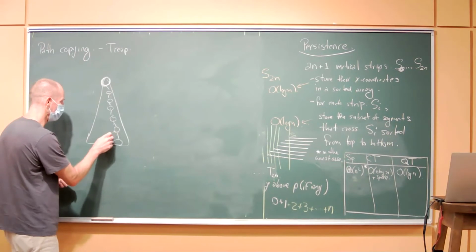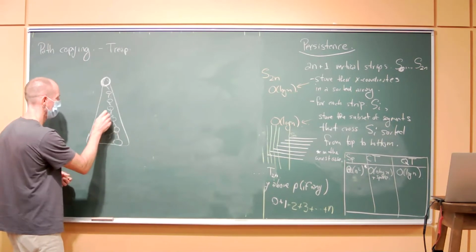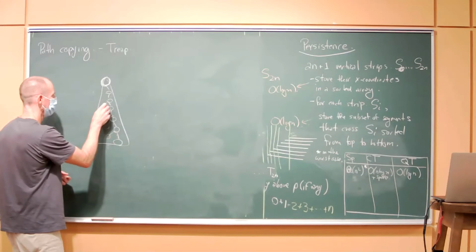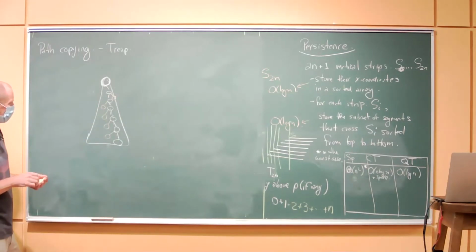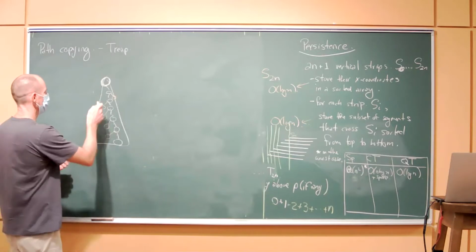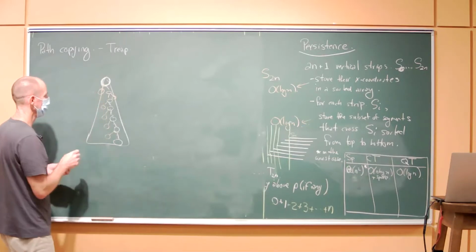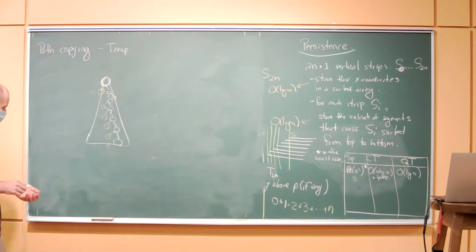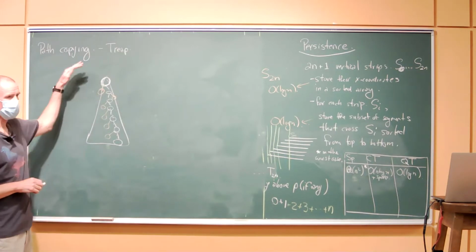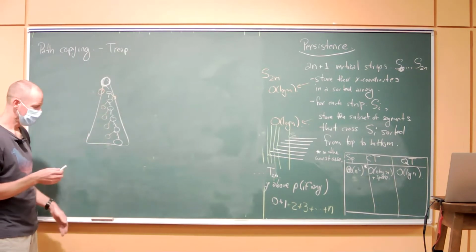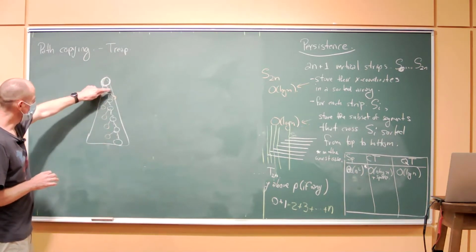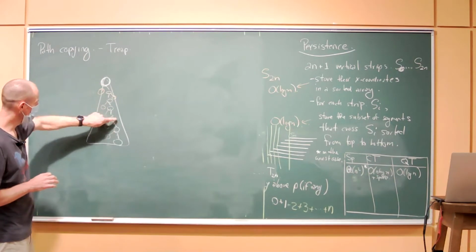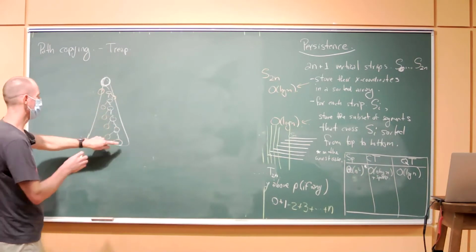So let's draw the other ones as well. Maybe something like that. And even the root has that. So there you go. Before I do this insertion, and this is going to be confusing, I take these nodes and I copy them.